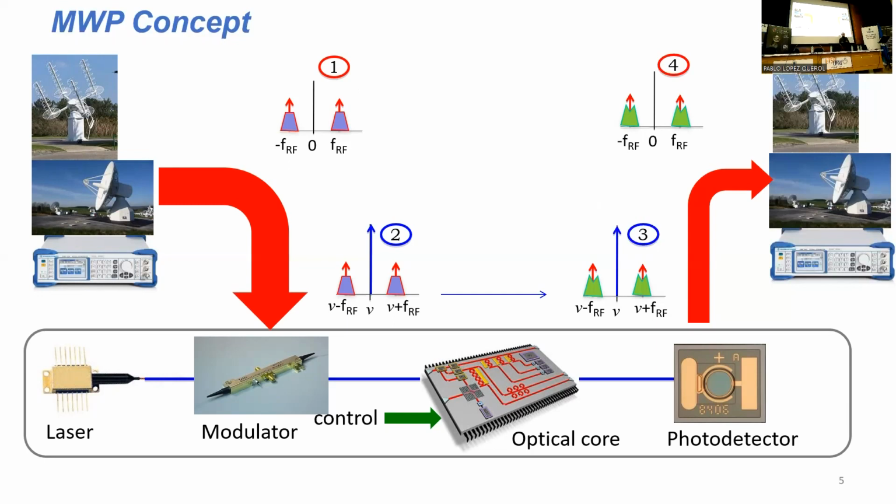So you might send a control signal to your chip, and you may change your processing capabilities in the up-converted, optical domain, and hopefully change your RF signal when you down-convert. So that's the main idea: broadband operation, immunity to interference, and of course low losses.